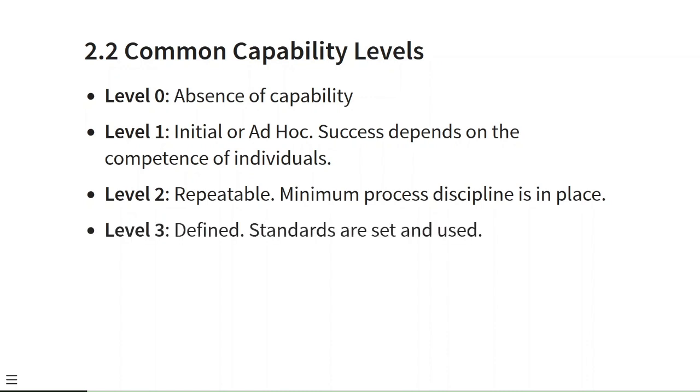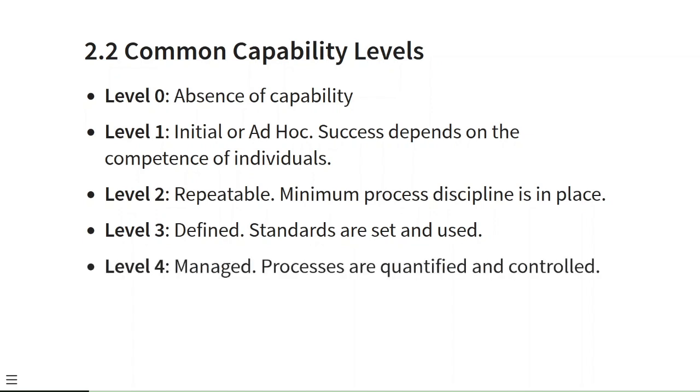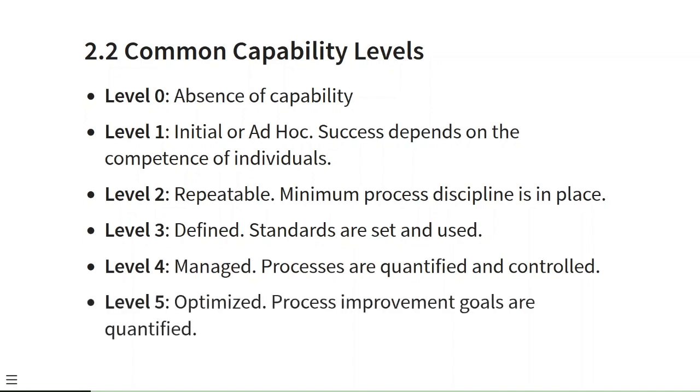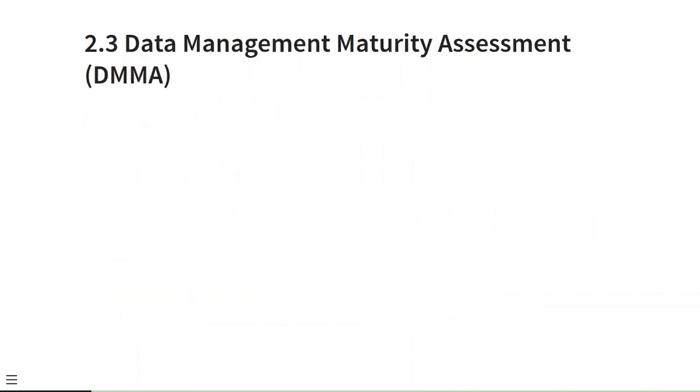Level 3, defined, where standards are set and used. Level 4, managed, where processes are quantified and controlled. And Level 5, optimized, where process improvement goals are quantified. We will be taking a closer look at these levels further on in this lecture.